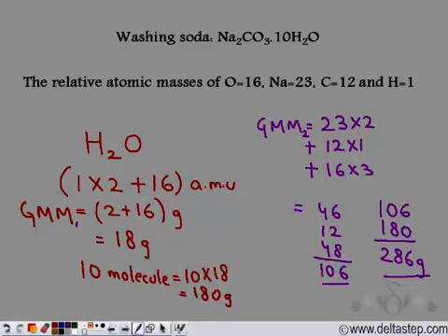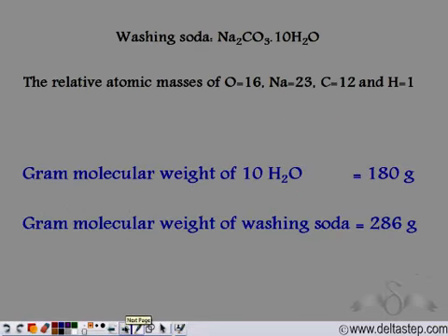The gram molecular mass of washing soda equal to 286 grams. So the gram molecular mass of 10 H2O, which is the entire amount of water of crystallization present in washing soda, is 180 grams. And that of the washing soda itself is 286 grams.